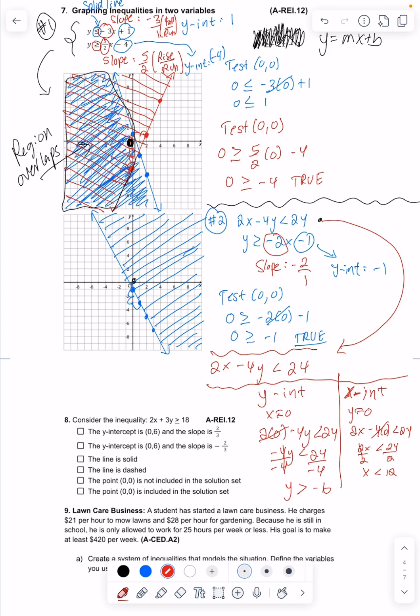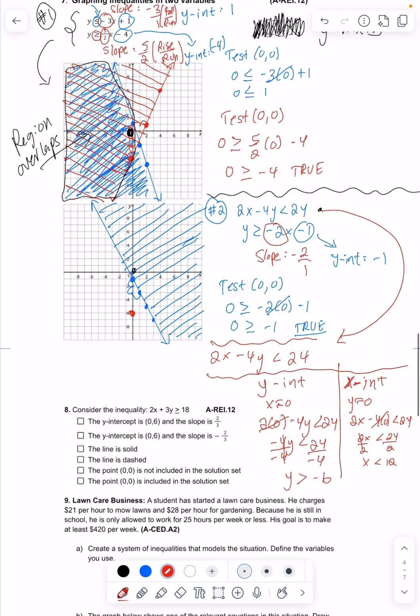Our y is negative 6. X is 12, so this will actually be 7, 8, 9, 10, 11, 12. So we're going to have to play it by ear. That'll be somewhere over here, which is fine. All right, we're going to extend it something like this.